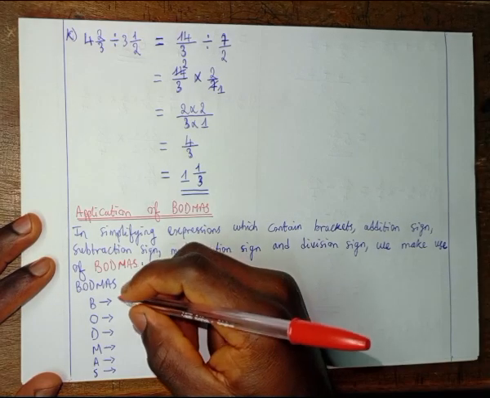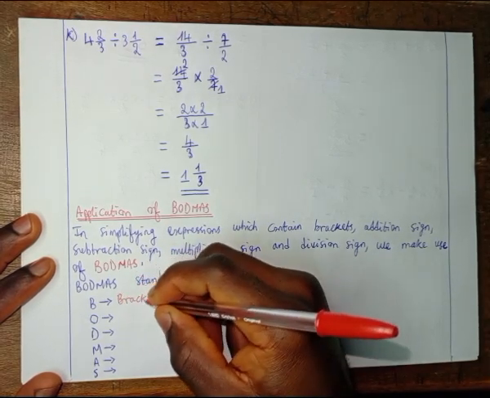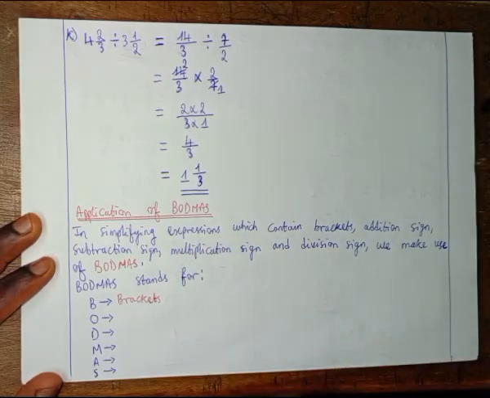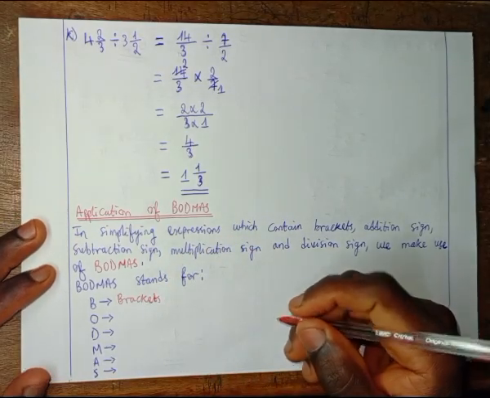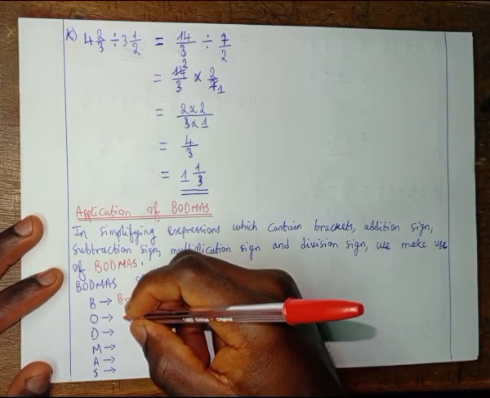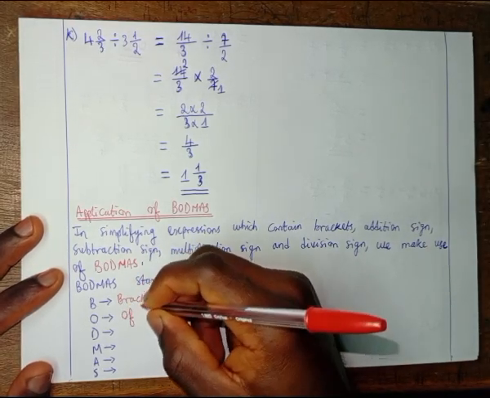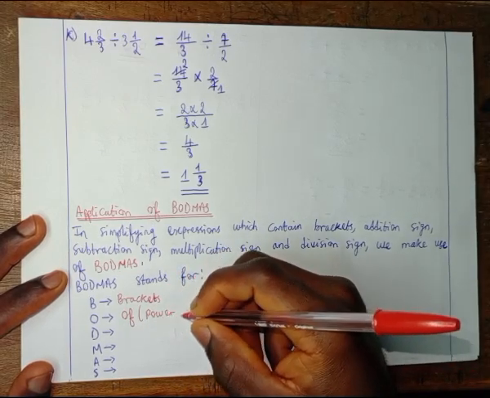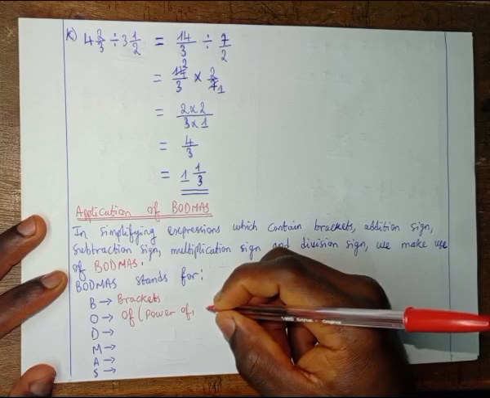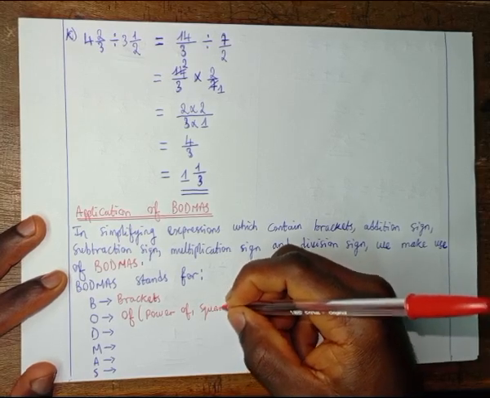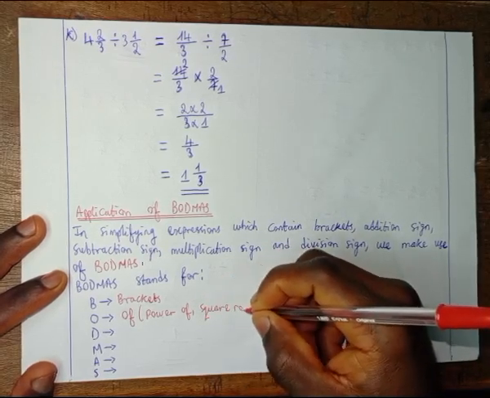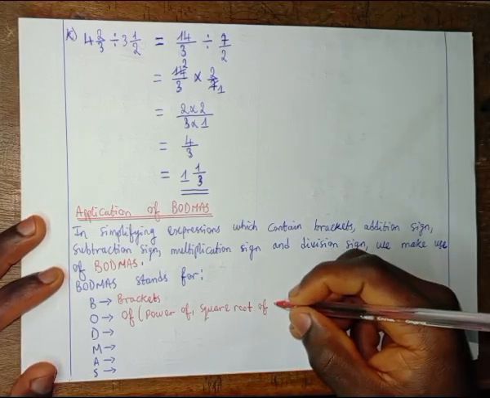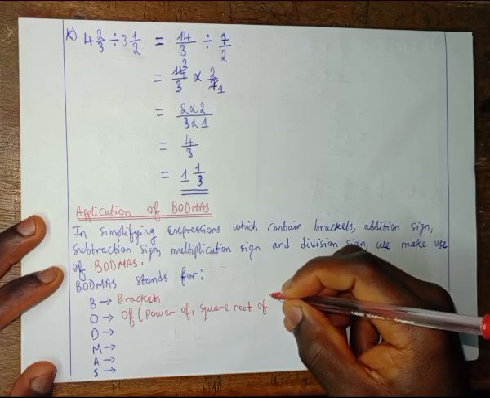B stands for brackets. That means you first of all start by eliminating the brackets. In a question where you have brackets, this O stands for of, power of, square root of, cube root of, and so on.